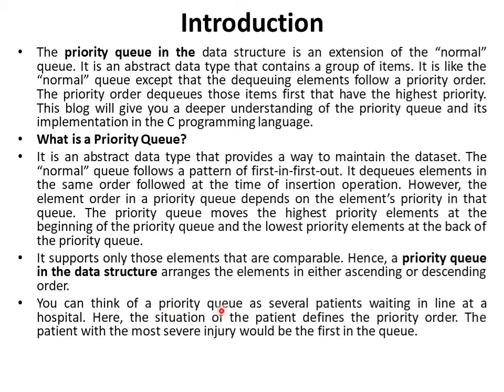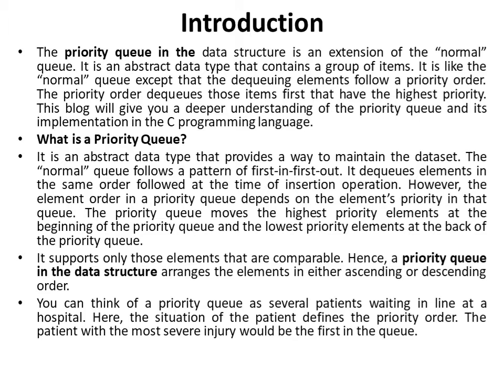You can think of a priority queue as several patients waiting in a line at the hospital. Here I am giving the example. Here the situation of the patient defines the priority order. The patient with the most severe injury could be first in the queue. That means, in simple words, the emergency patient.